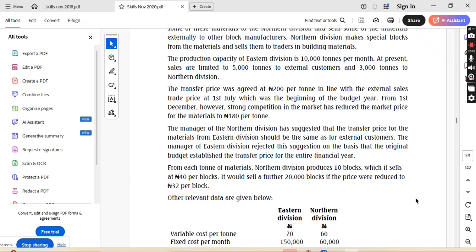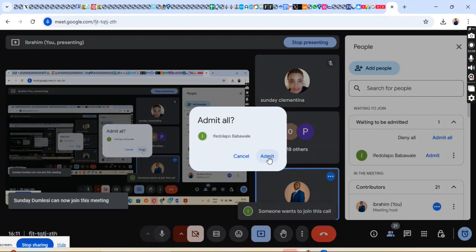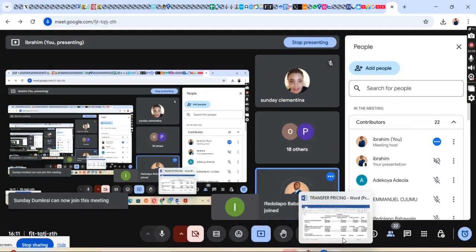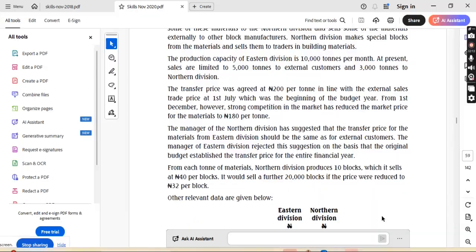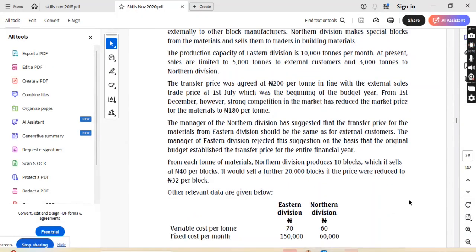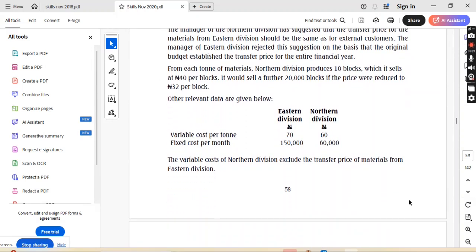Yes, sir. Now, if this is established, we'll move ahead to the variable costs. Other relevant data are given below. This is the variable cost for the production of the capacity per ton. This is the fixed cost per month. Please don't stress yourself. The question did not say it is 12 months or 6 months.